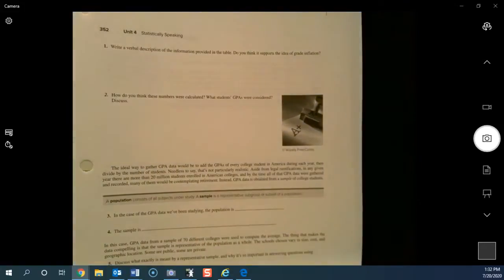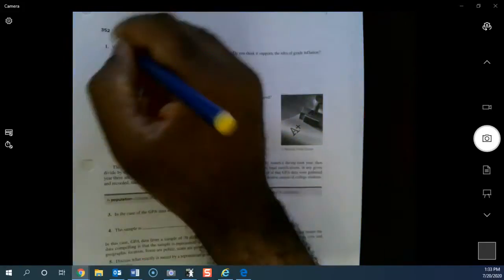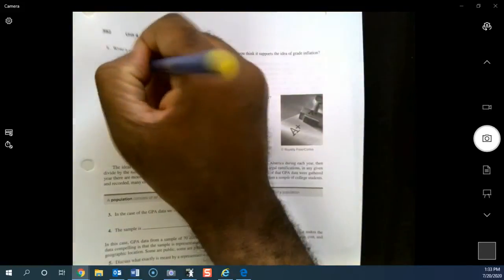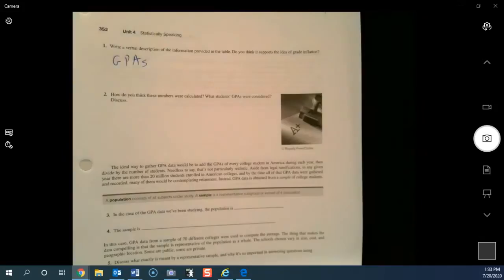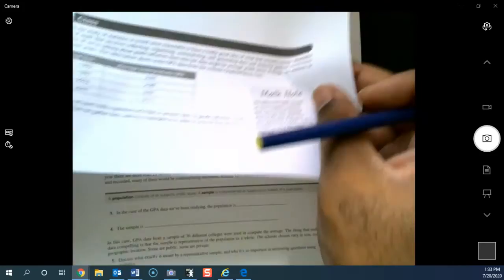So it says, write a verbal description of the information provided in the table. Do you think it supports the idea of grade inflation? Now, we know that GPAs, just to show this really quick here, might be kind of hard to have both here. Well, I could do this.